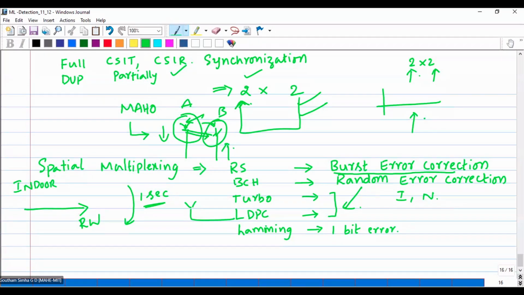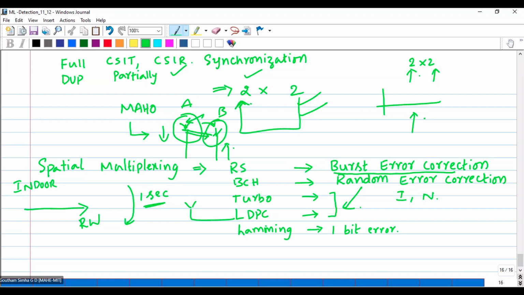That is important. Now, is there a combination of RS and BCH? Yes, there is a combination where the outer code could be an RS code and the inner code could be a BCH code. But as and when you implement all these things, the detector or receiver computational complexity is too high. If you take your mobile, it has a simple error correction code.